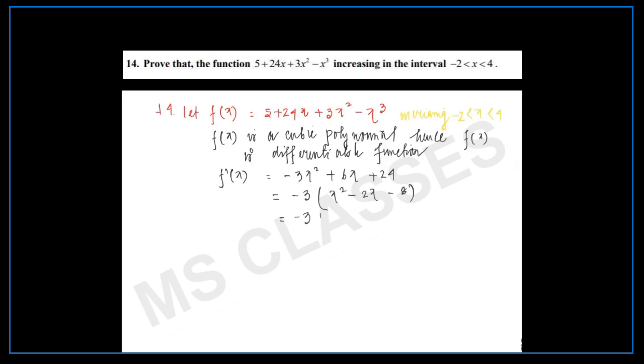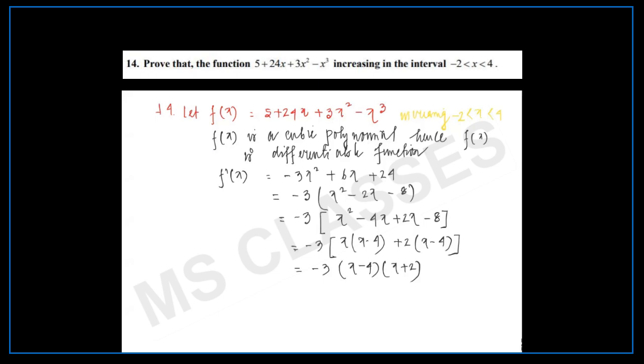Minus 3, x squared minus 4x plus 2x minus 8. Minus 3, x into (x minus 4) plus 2 into (x minus 4). So minus 3, (x minus 4) into (x plus 2).